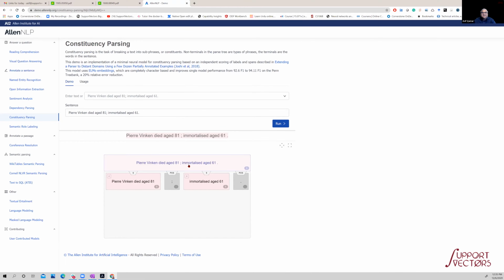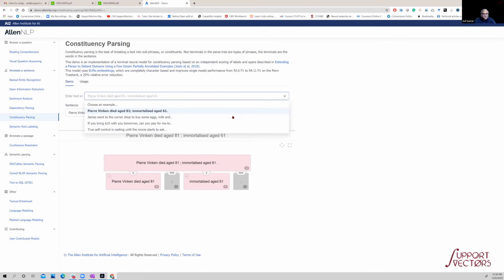We know that in languages, of course, semicolons play that role quite often. And then you have immortalized, aged 81, and full stop. So it managed to break it up into the two. Here you may say clauses; you just use the word subphrases or constituents. These two constituents. So that is the meaning of constituent parsing.